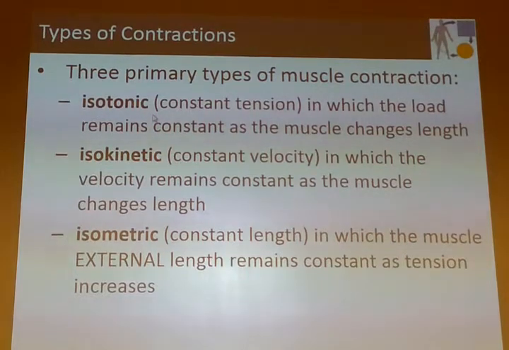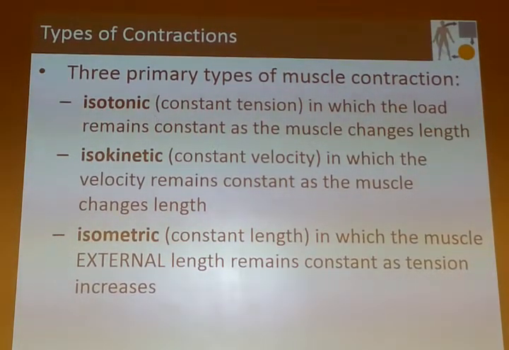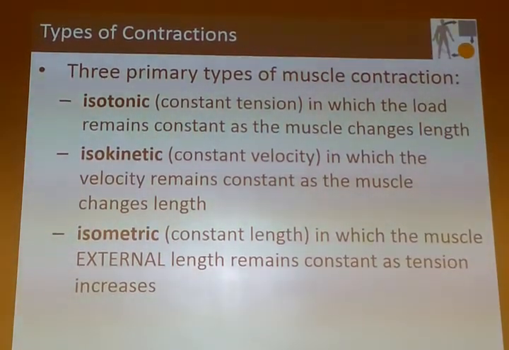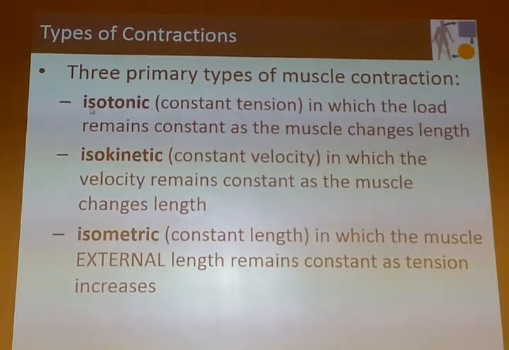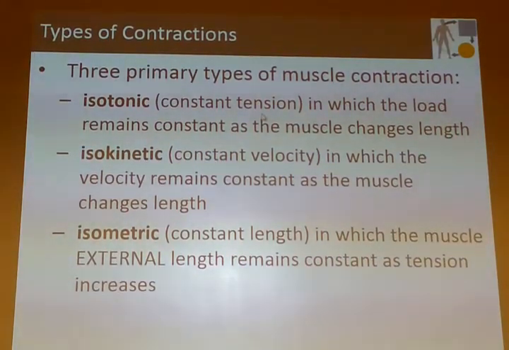Isotonic is when the external length of the muscle can start to change. It says it's constant tension, but actually it's not really constant tension.